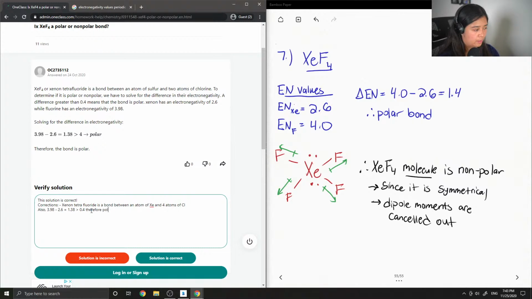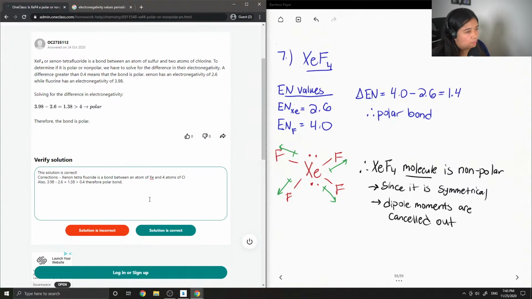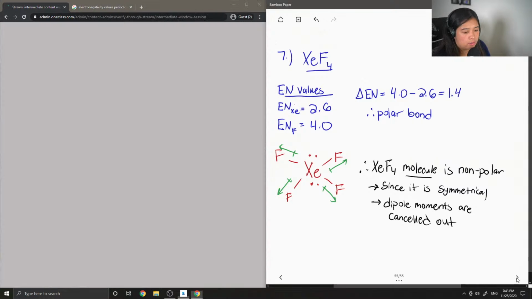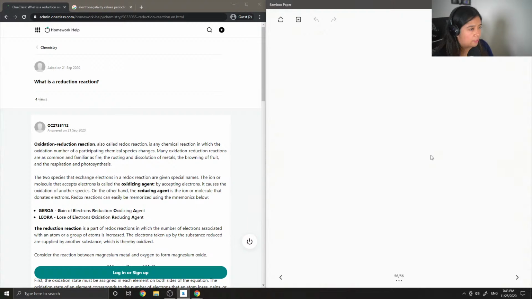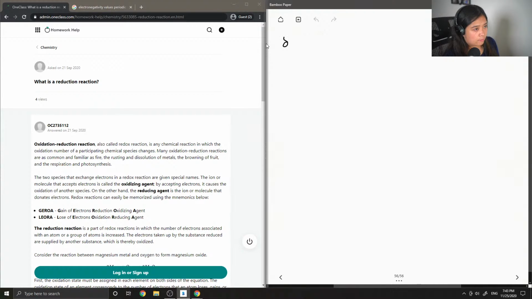Therefore, polar bond. Yep, but I'll still say this solution is correct. Moving on to question number 8.